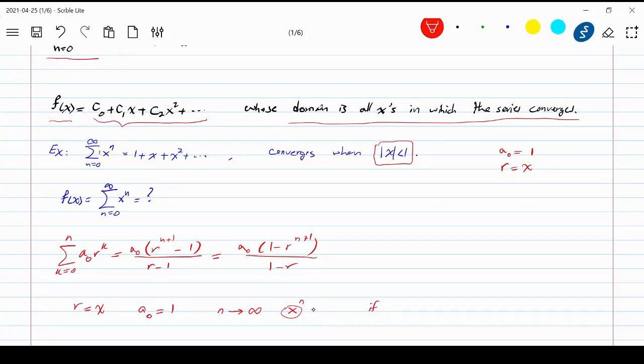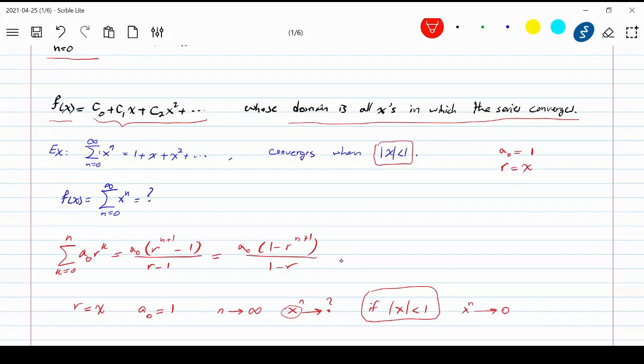We know that if the absolute value of x is less than 1, then this number is getting multiplied by itself and it becomes smaller and smaller. So x to the power n, in that case, would approach 0. That's why this is required to have a convergence here.